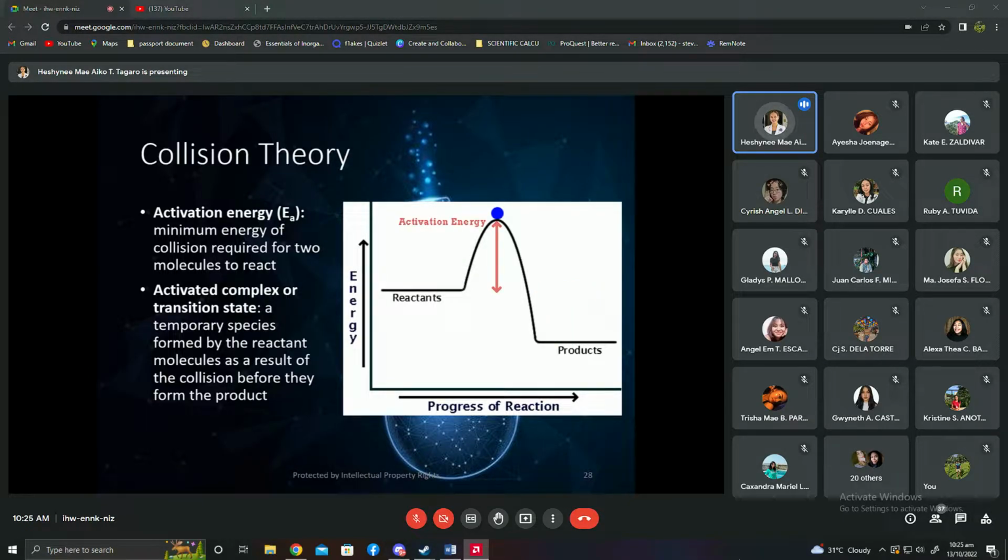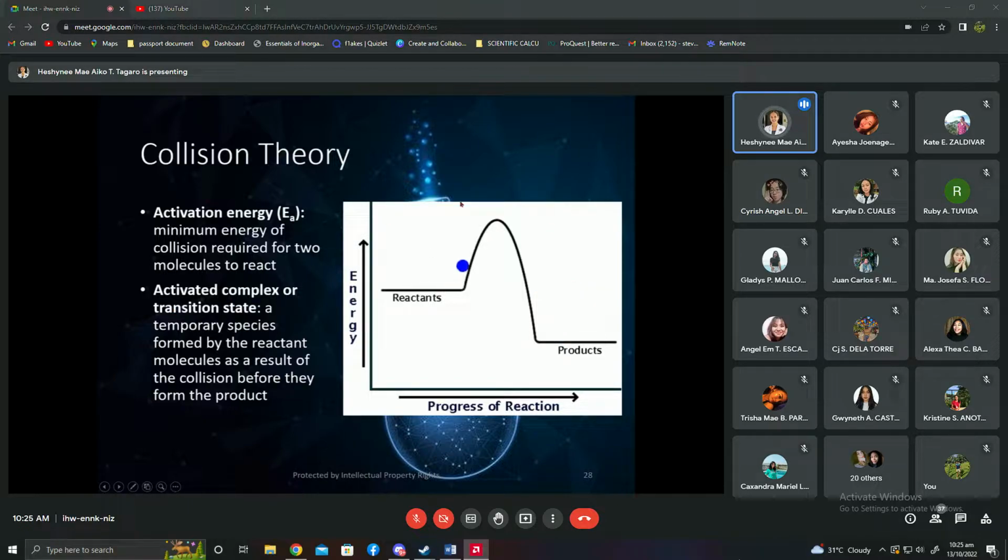So that minimum energy is what we call activation energy, represented by this abbreviation, capital E, subscript A. So this is the minimum energy of collision required for two molecules to react. Okay? Next.